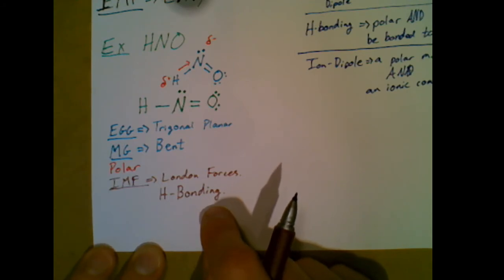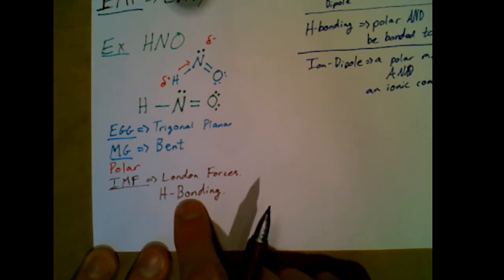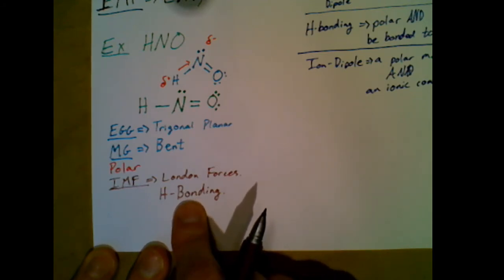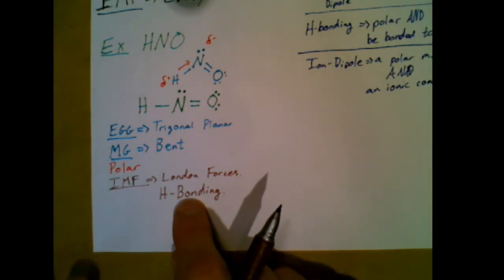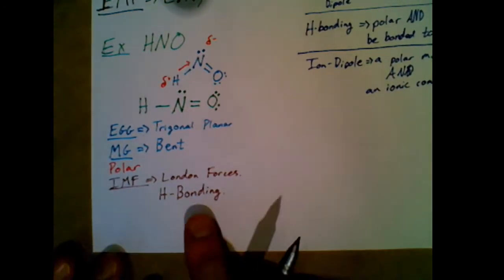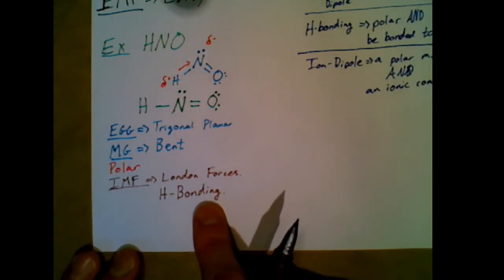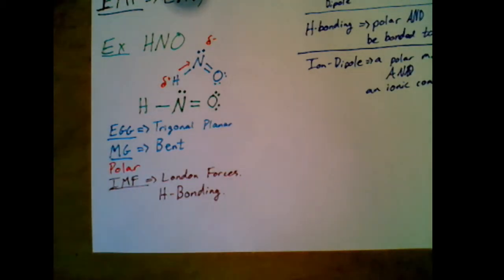You may want to check with your instructor, though, to see what they ask of you. But in my opinion, if there is hydrogen bonding, you don't really need to think about dipole, because the hydrogen bonding probably is the dipole, but stronger. So I usually don't have my students worry about that. Okay? So that's how we figure that out.